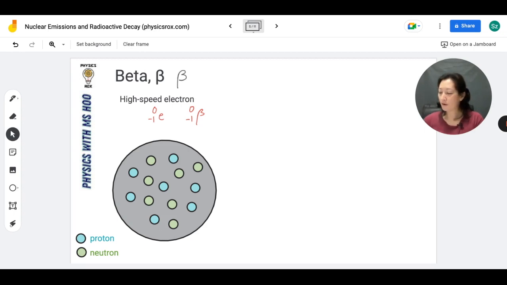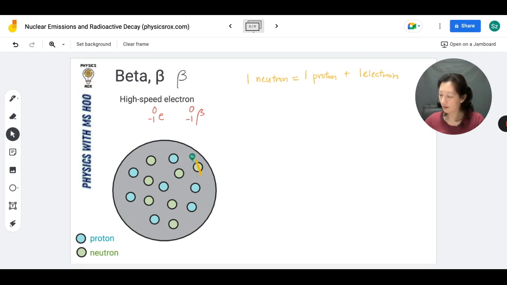You have to be aware that a neutron is made up of 1 proton and 1 electron. So what's going to happen here in this nucleus is one of the neutrons is going to split to become 1 proton and 1 electron.